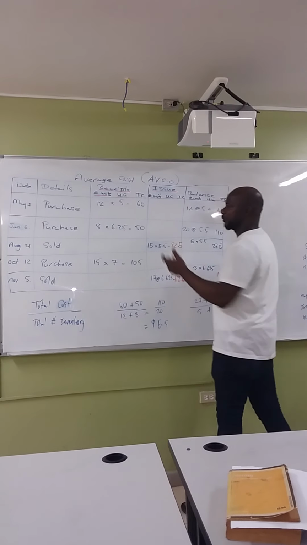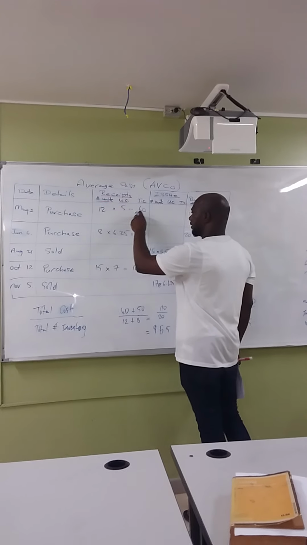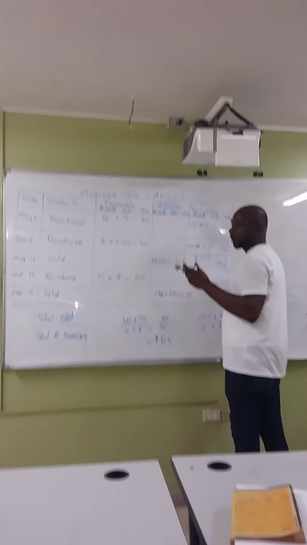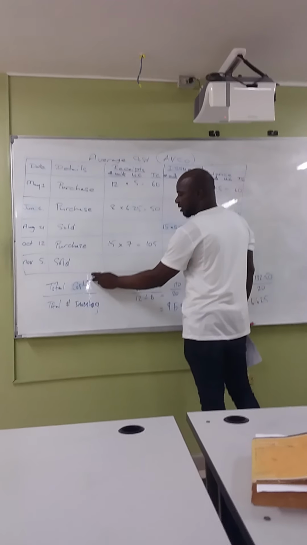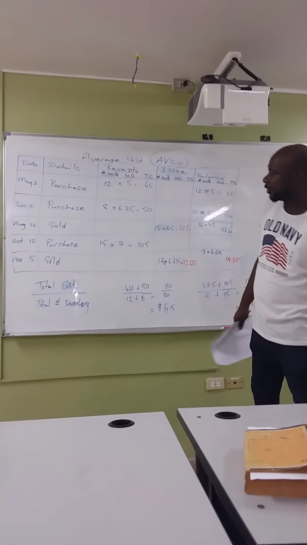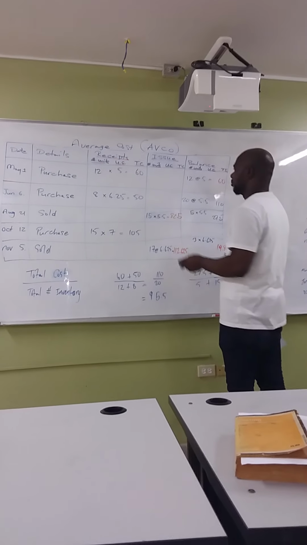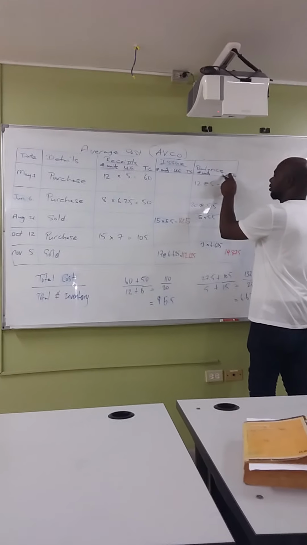So we started off with May 1st. We purchased 12 at 5, that gives you 60. Now the formula for finding the average cost of goods in your inventory is total cost divided by your total number of units.